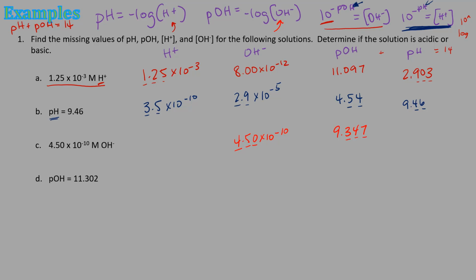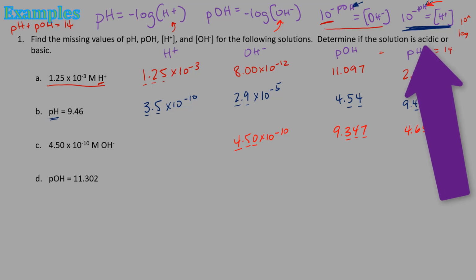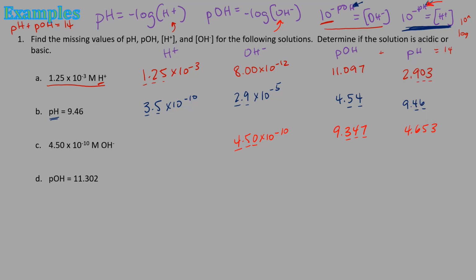All right, and then if I subtract that from 14, I get 4.653. All right, and then I'm going to take this value, the pH here, and I'm going to plug it in right here and get the hydrogen ion concentration. And so that's going to be 2.22 times 10 to the negative fifth.